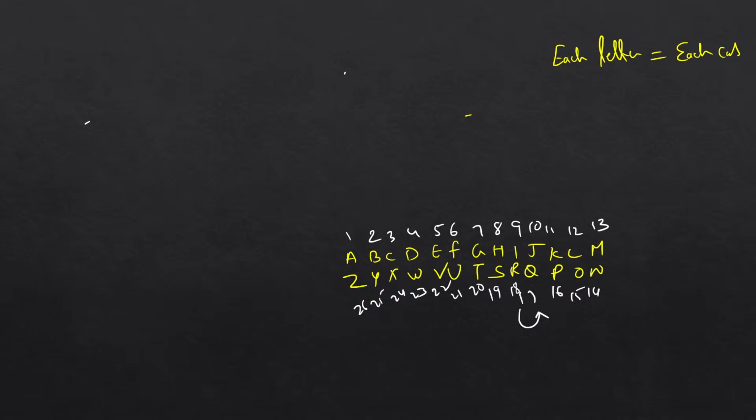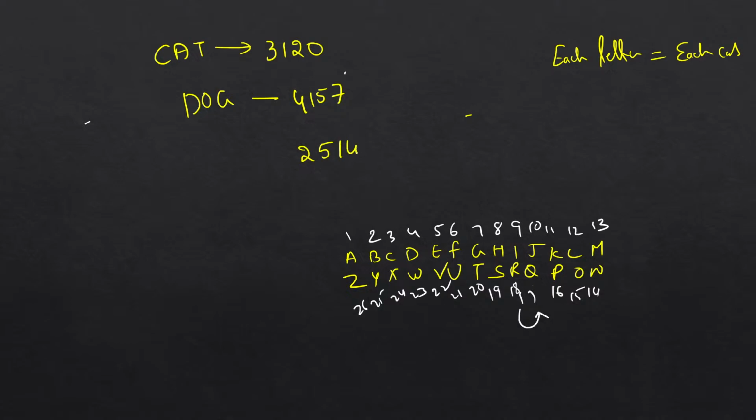Okay, now I want everyone to answer this one. Let's check the question once. In a certain code, cat is written as 3120, dog is written as 4157. I want you to tell me what will be the decoded form of 25144.